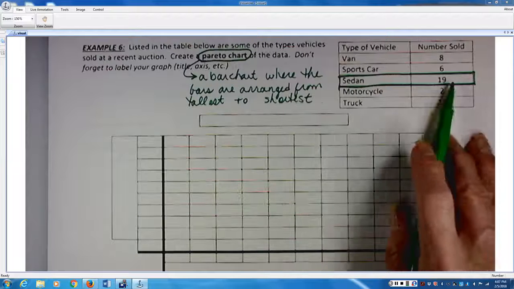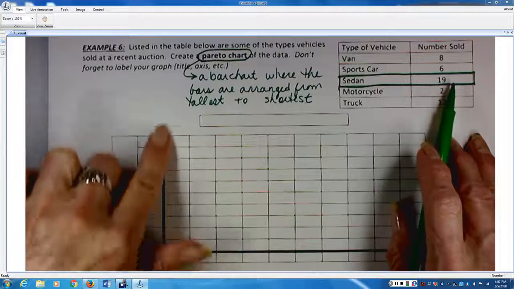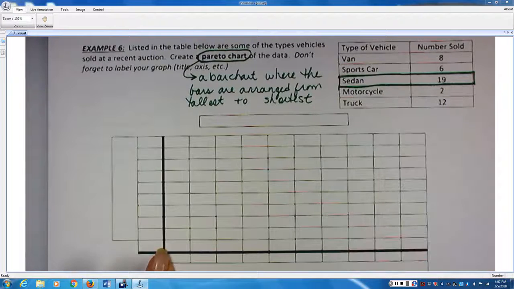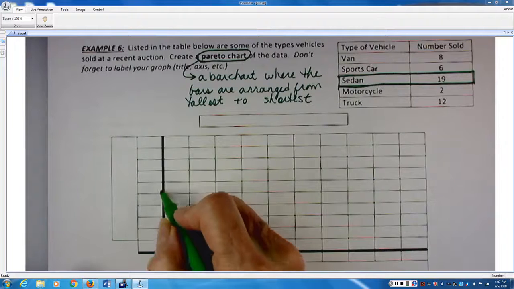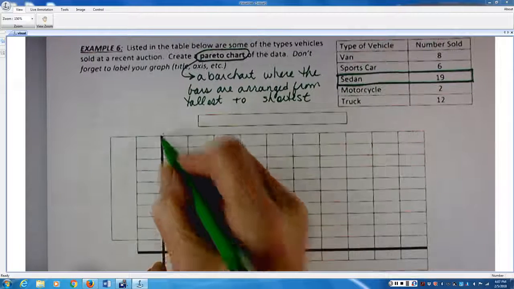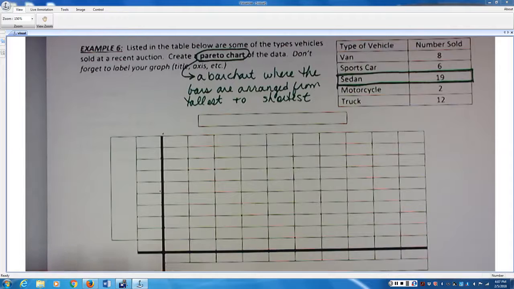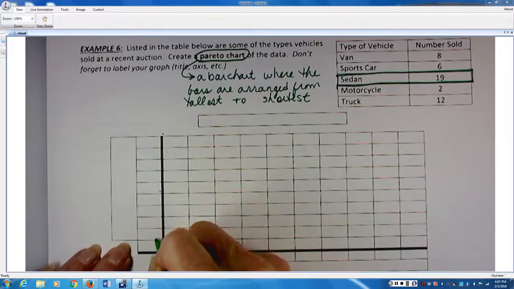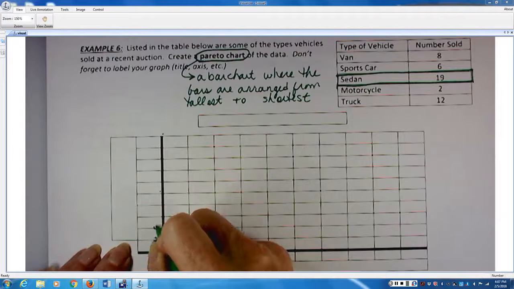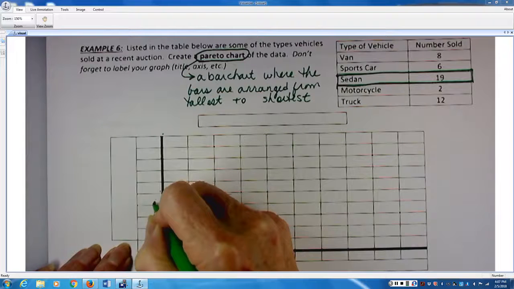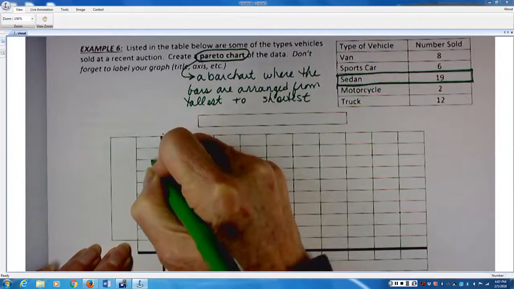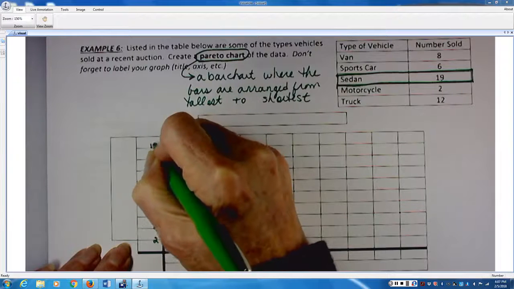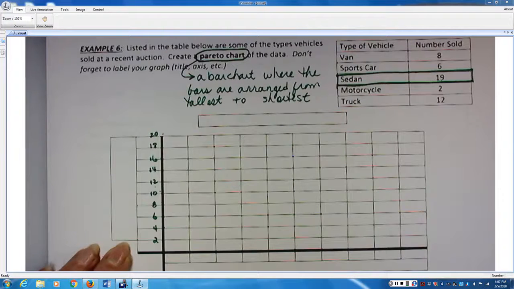And that frequency is 19, so I need to make this axis so that I can show where 19 is. So I've got 1, 2, 3, 4, 5, 6, 7, 8, 9. I've only got 10 chunks. Maybe the best way to do that is to label this by 2, so that this would be 2, 4, 6, 8, 10, 12, 14, 16, 18, and 20.